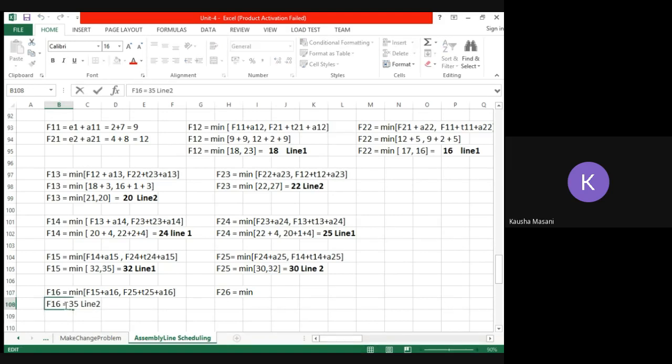Everybody getting this? 35 from line 2? Hopefully, online students. And F26 is the minimum of F25 plus A26, comma, F15 plus T15 plus A26. So F26 you must be getting 37 as the minimum from line number 2.